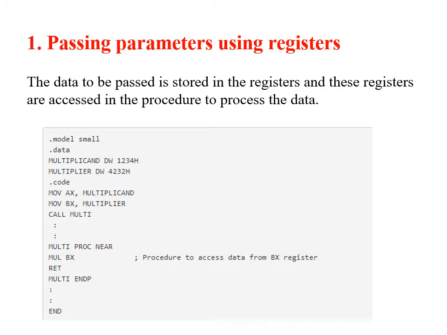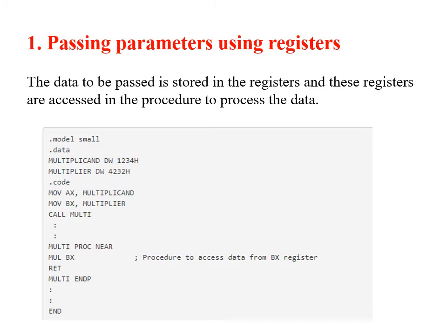So we are multiplying the value of ax with bx, and the result will be saved back to ax. The old value of ax will be replaced with the product. Then you have a RET command, then multi endp.